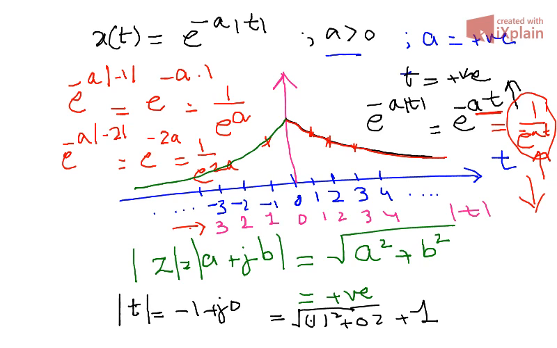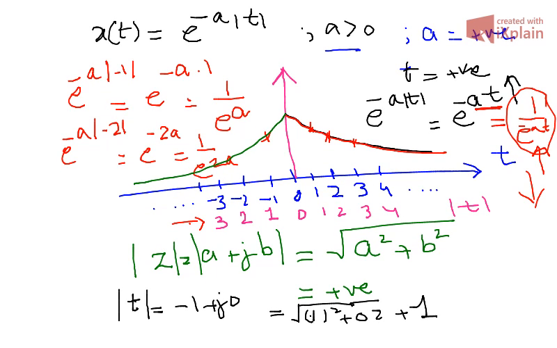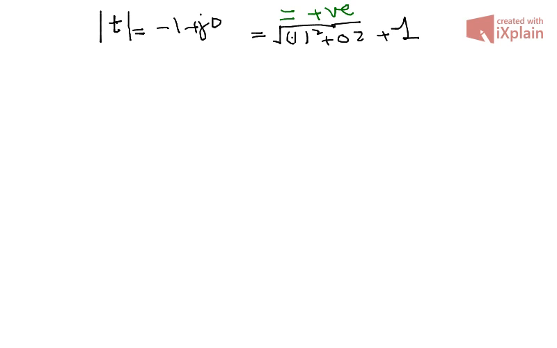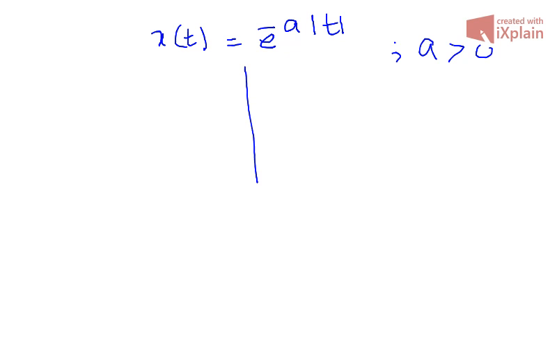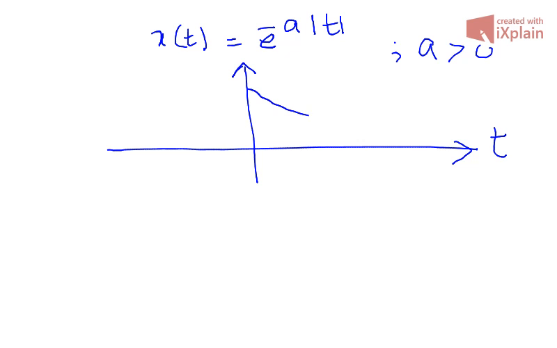So let me redraw it on a new page. If you redraw your signal x of t, which is e raised to the power minus a mod t for a greater than 0, it would look like a decaying plot on the time axis, right?